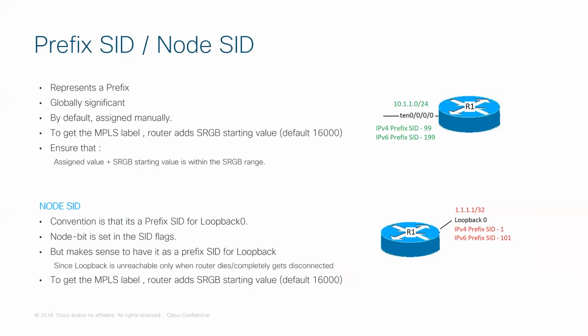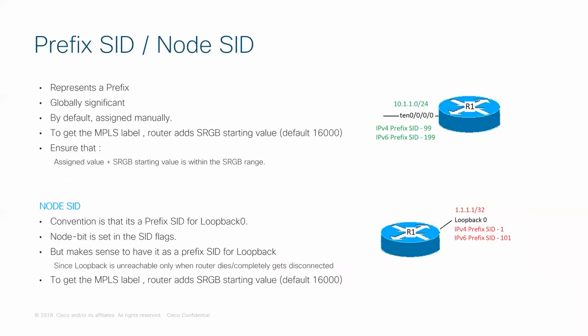Simple thing. Here, IPv4 and IPv6 get separate IDs, so that's one thing to remember. IPv4 I've given 1, IPv6 I've given 101. That means my label is 16,001 for IPv4 and 16,101 for IPv6.